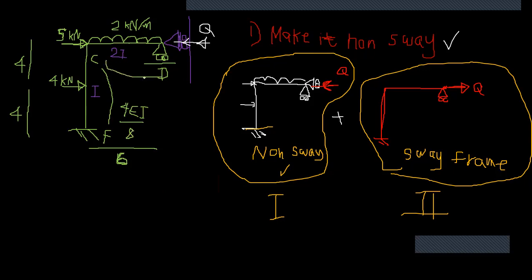Here it is continuous to discontinuous. That's going to be 3EI over L. So I is given as 2I. Length is 6. And that's going to be just EI.